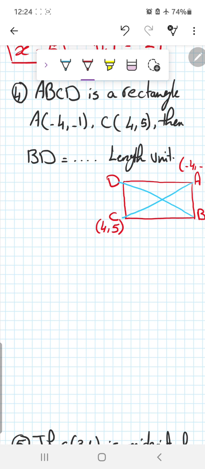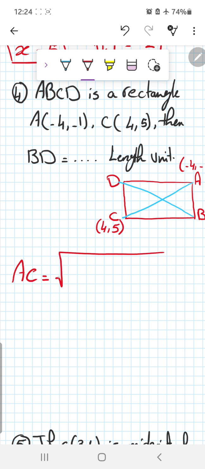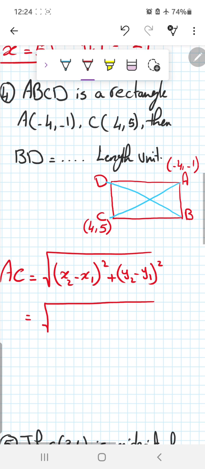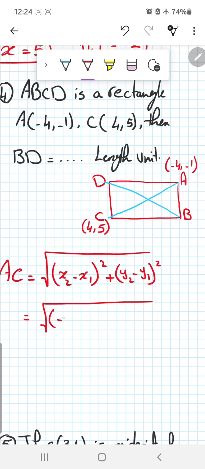Okay, so AC equals the law of the distance: square root of (x2 minus x1) all to the power 2 plus (y2 minus y1) all to the power 2. Okay, by substitution, so (-4 minus 4) all to the power 2 plus (-1 minus 5) all to the power 2.